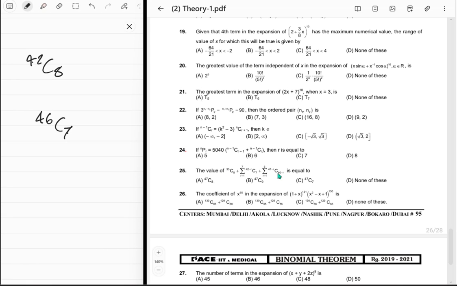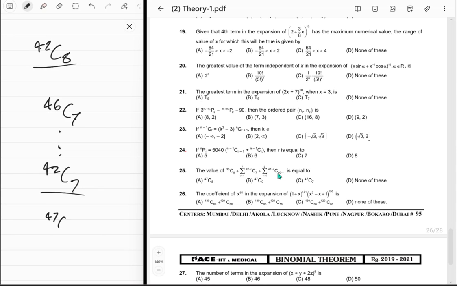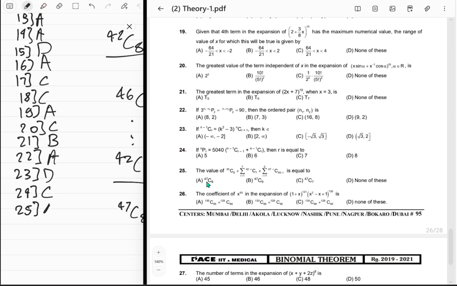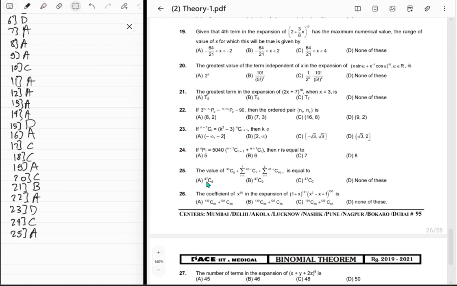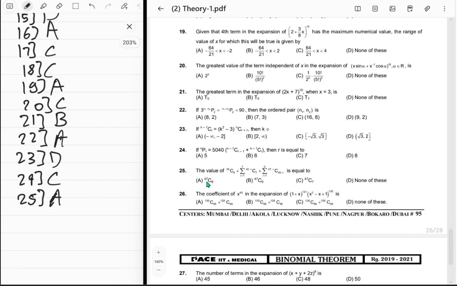And then in the end, you're going to get 5, so 42C7. Now, the same thing once again, this and that, in the end, you're going to get 47C8. So A is the answer, 25th A. You're just using Pascal's identity to get this done. Sometimes it's also called the hockey stick identity. No, that's the chain form of this thing. Pascal's identity is the short form, maybe the more fundamental one as well.